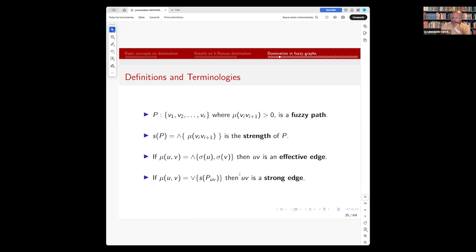On the other hand, a strong edge is an edge whose membership value is greater than or equal to the connectivity strength of any other path joining these end vertices. In some sense, a strong edge is an edge that represents the better or the stronger path to go from U to V.